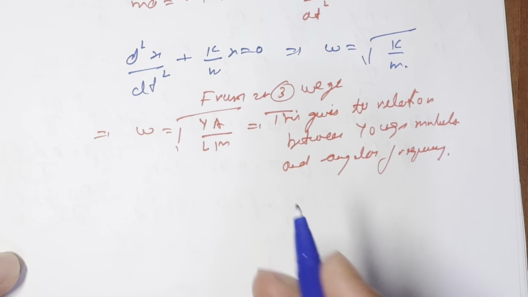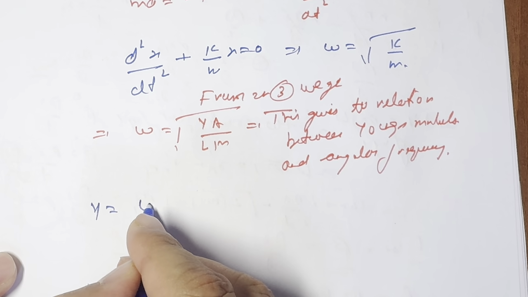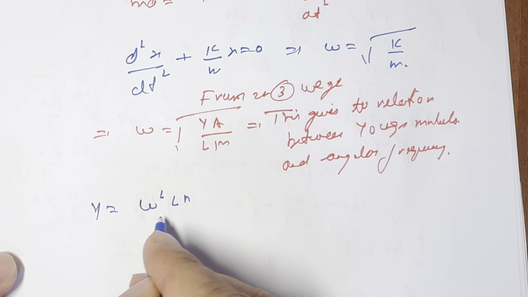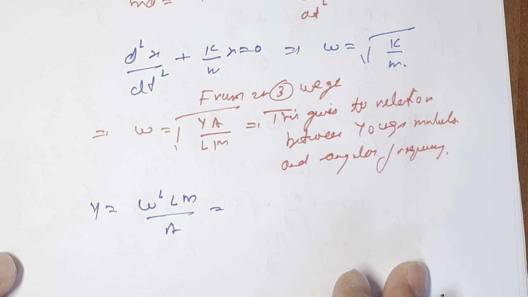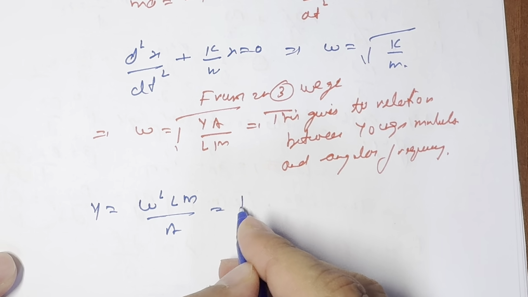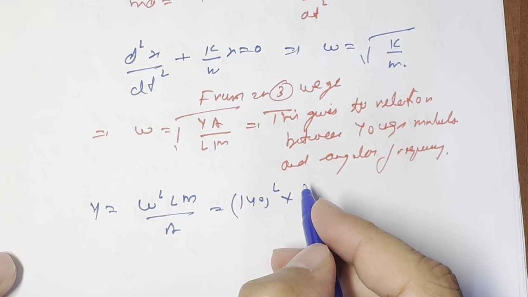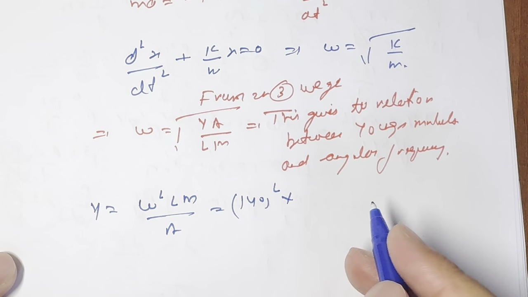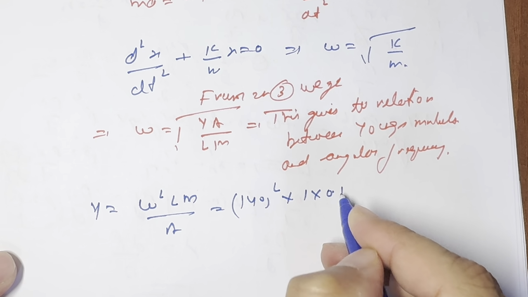So from here we are supposed to find out Y. So we can write Y will be equal to omega square Lm upon A, and omega is given as 140 radian per second. This comes 140 square. Length is given as 1 meter. Mass is 0.1 kg.